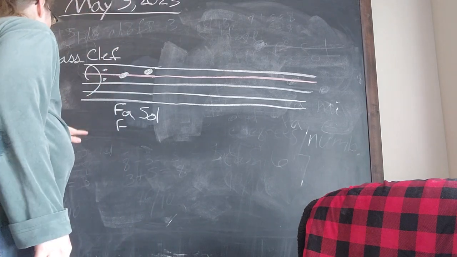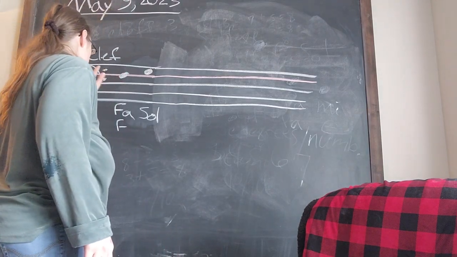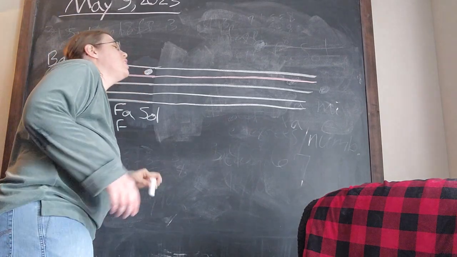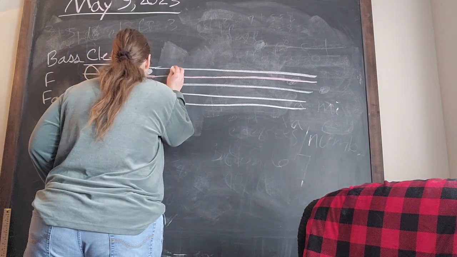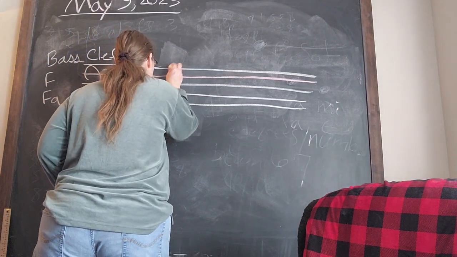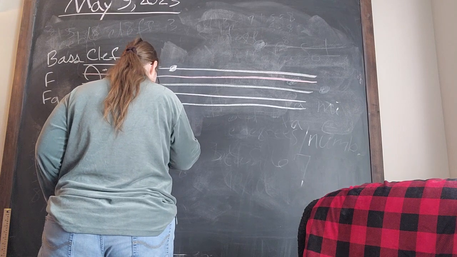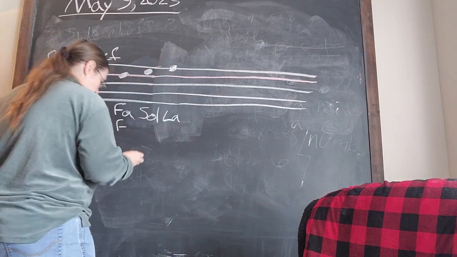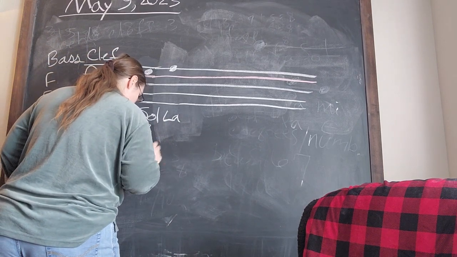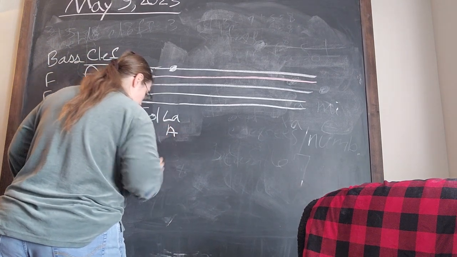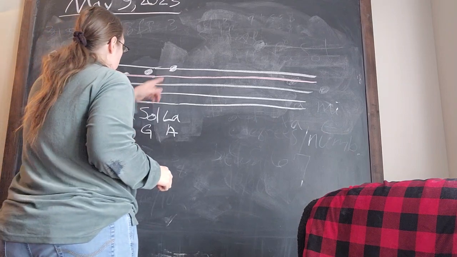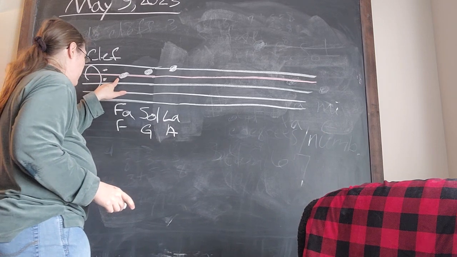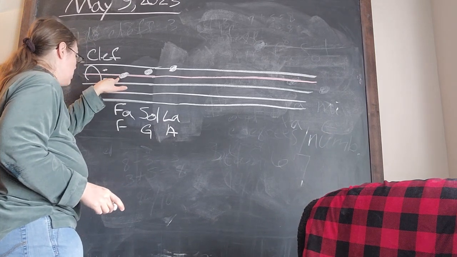So continuing up, we have fa, sol. The next pitch is going to be la. Alphabetically, la is going to be A. Sol is G. And la is A. And we've already hit the top of the staff. So now we're going to descend from sol.